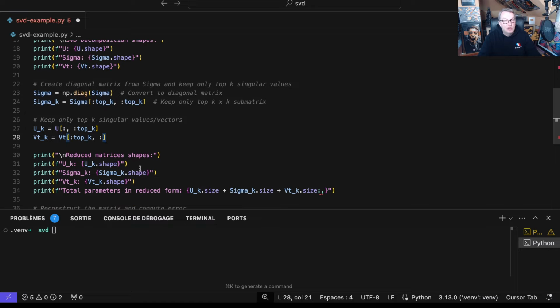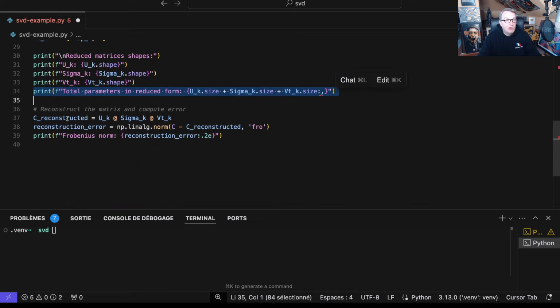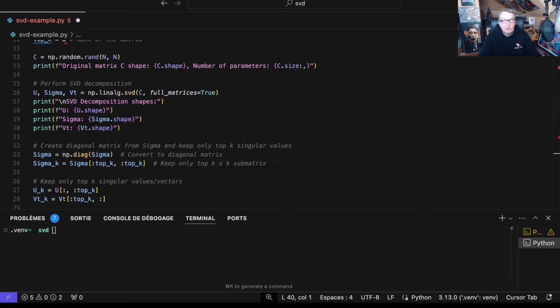We print the shapes again, and we print the total number of parameters. We reconstruct the C matrix, multiplying the low rank U, sigma, and V transpose, and we compute the Frobenius norm again with NumPy. How difficult is that? Not a lot. Let's run this.